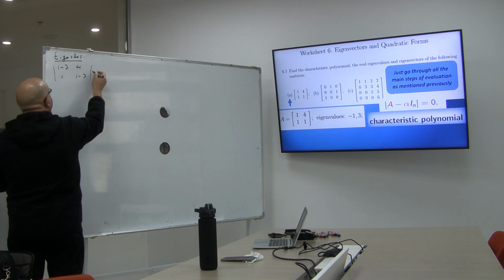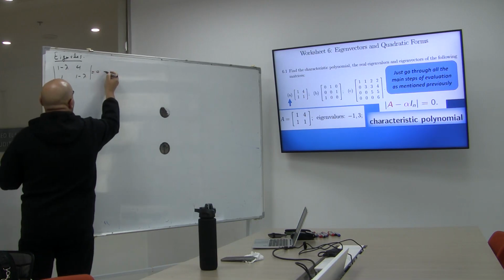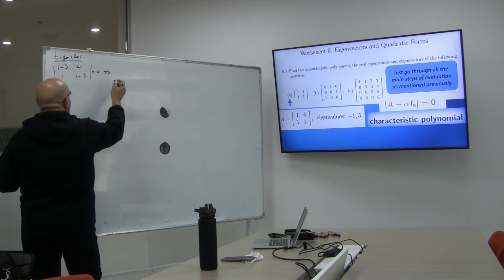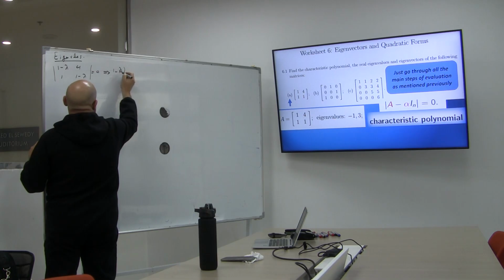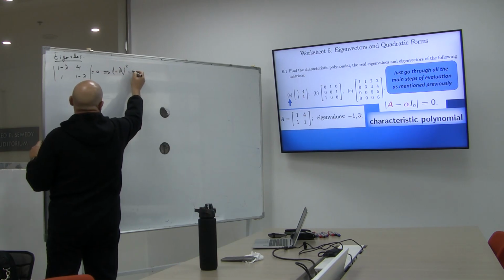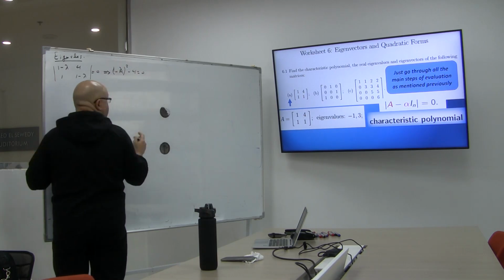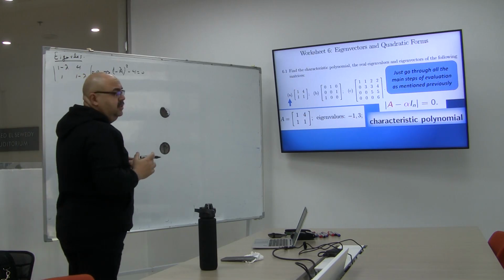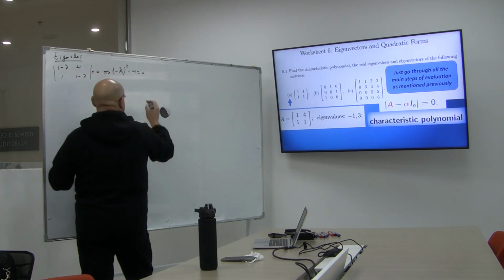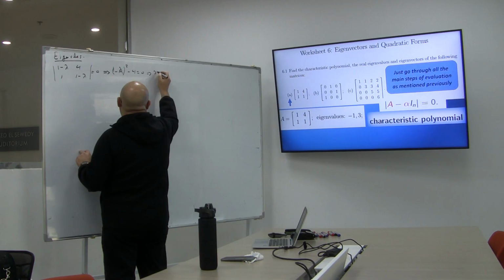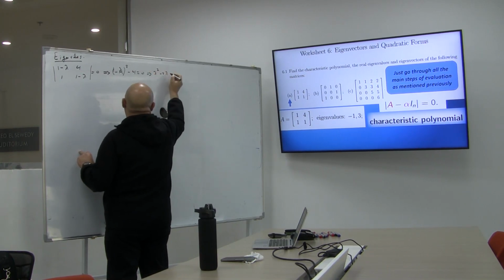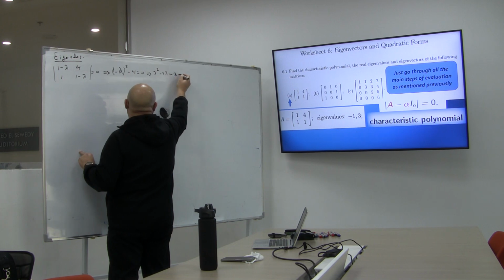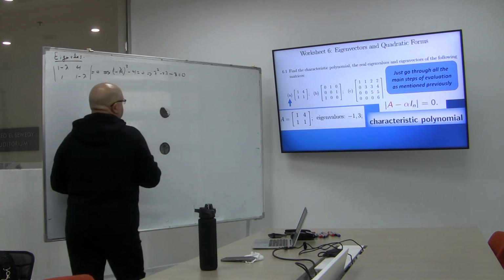This is the determinant that's equal to 0, and this leads to (1 minus lambda) to the power of 2, minus 4, equal to 0. All I have to do is expand this polynomial. So as you know, I will have lambda squared, minus 2 lambda, plus 1, and I have negative 4, so the result will be negative 3, and it's equal to 0.